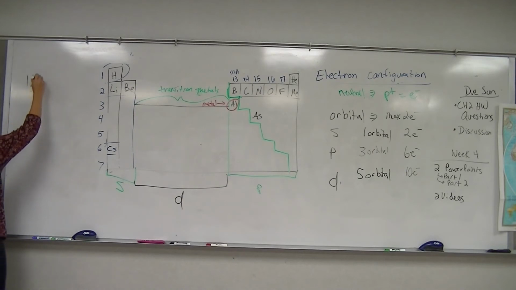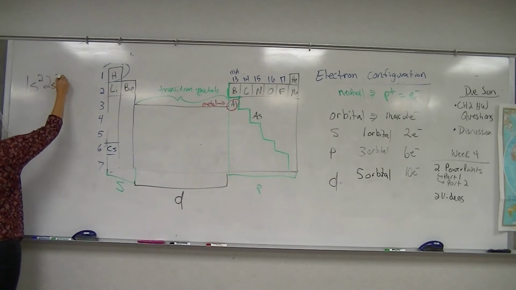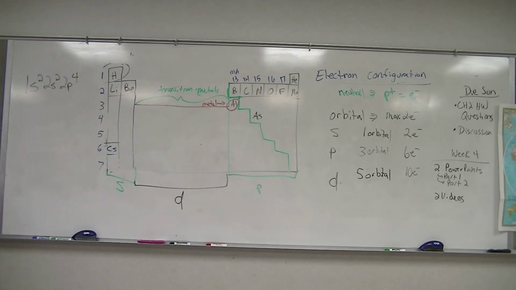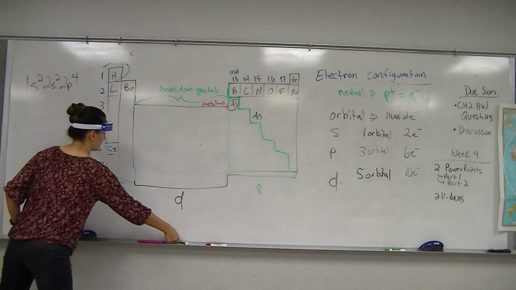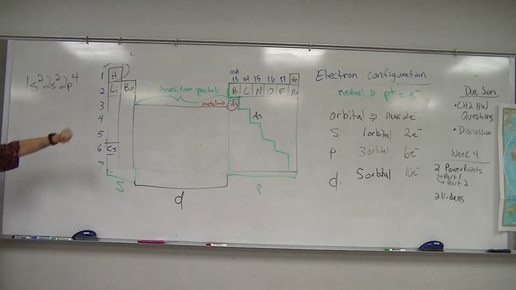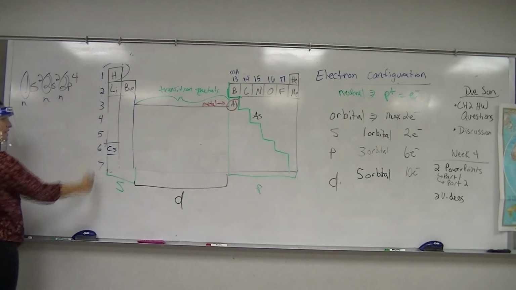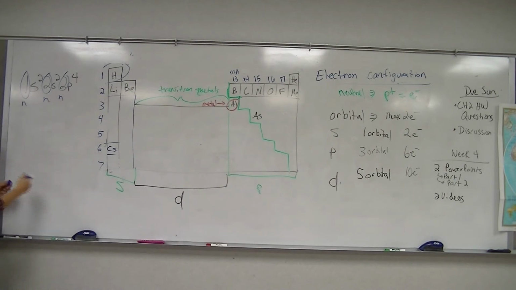So here, this would be an example of an electron configuration. So we're going to look at what these numbers and symbols mean. Well, these first numbers here, the big numbers, that's the principal quantum number. That's our n, the numbers on the side. Okay?